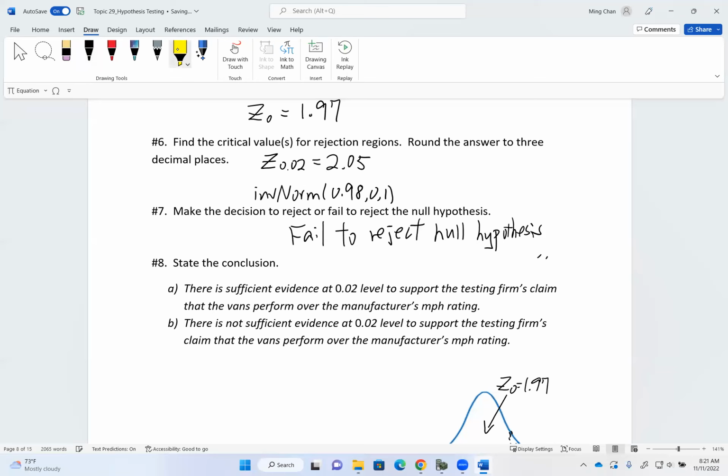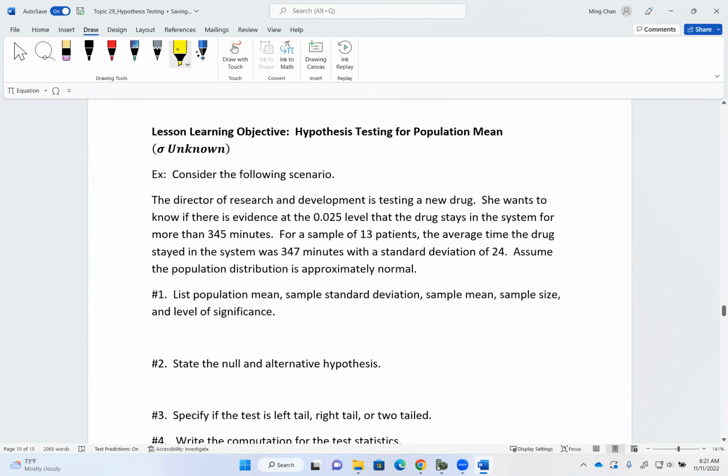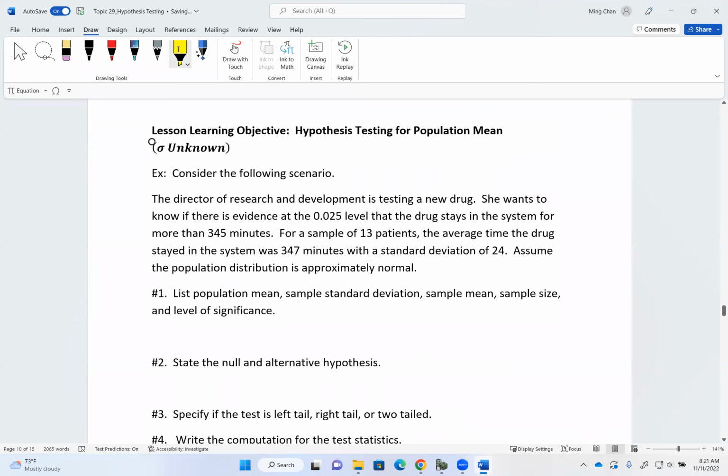So there is not sufficient evidence at the 0.02 level to support the testing firm's claim that the van overperforms the manufacturer's MPG rating.